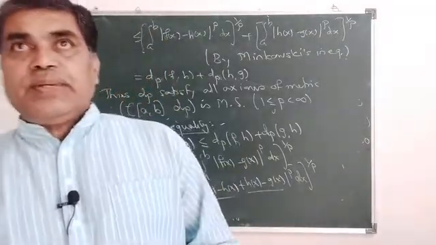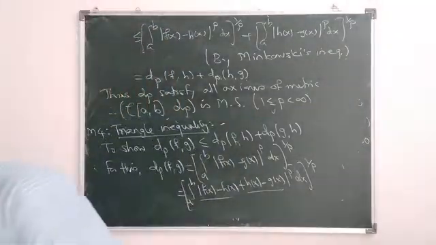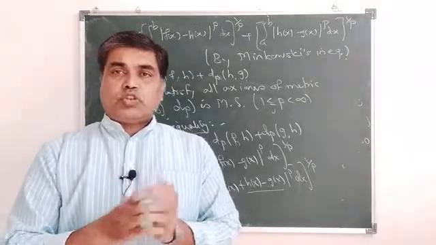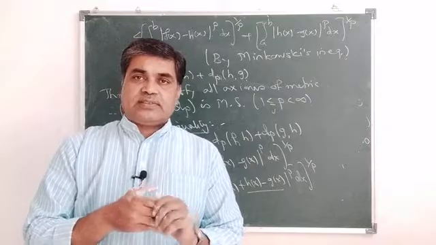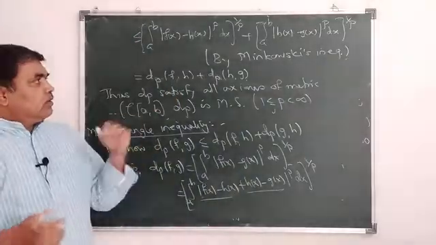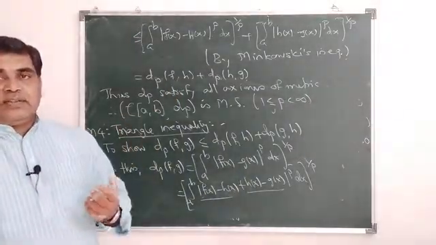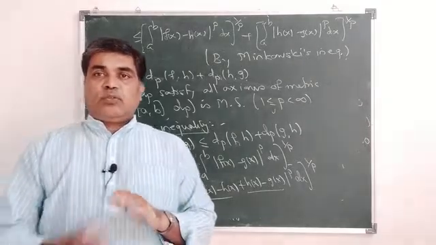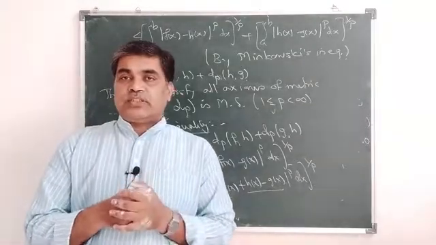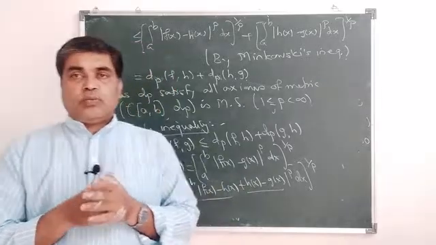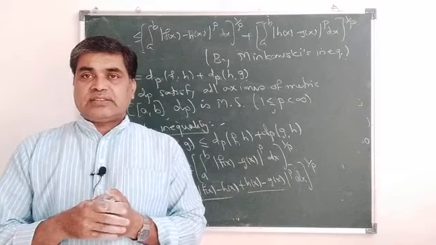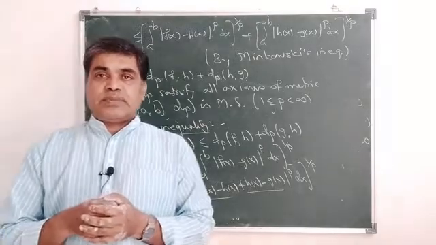So in this way we have taken most of the examples of metric spaces which we require while studying concepts like open sets, closed sets, continuous functions, homeomorphism, etc., Cauchy sequences, and convergent sequences in metric spaces.